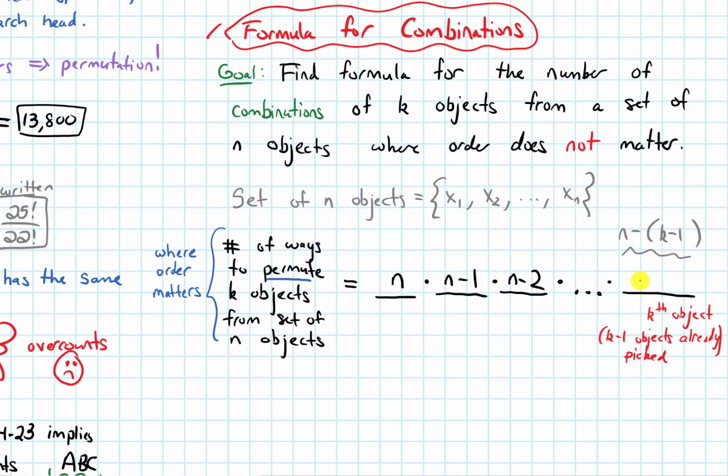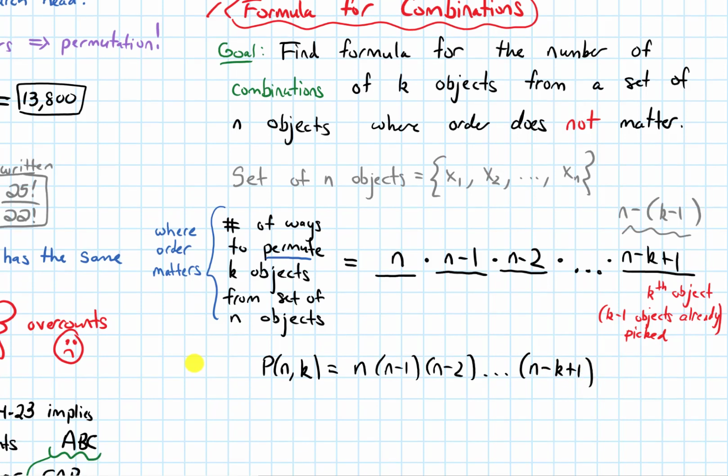And if you distribute the negative sign, we get n minus k plus 1. And that was the number of ways to permute k objects from a set of n. So recall our notation for this number of ways was P(n, k). So we have P(n, k) is n times n minus 1 times n minus 2 dot, dot, dot, times n minus k plus 1.